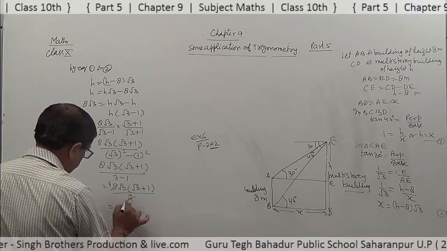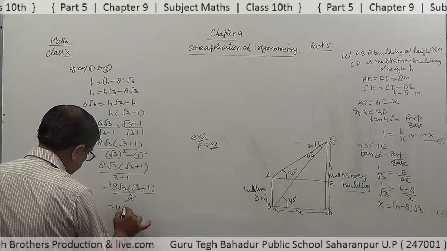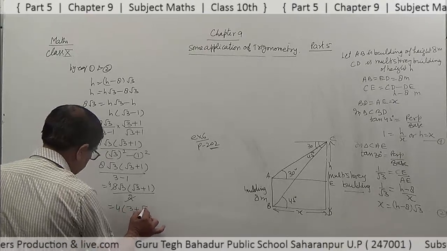So 4 multiplied with root 3 gives 3 plus root 3.